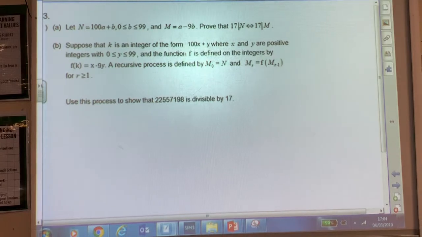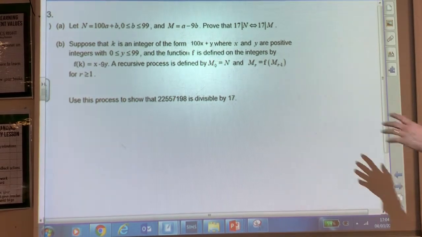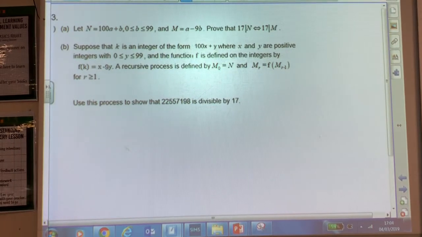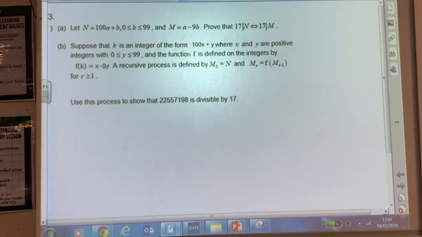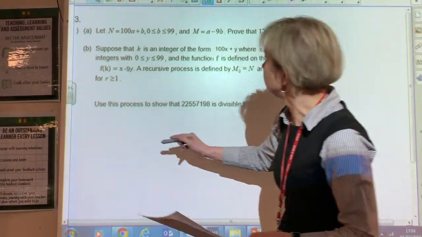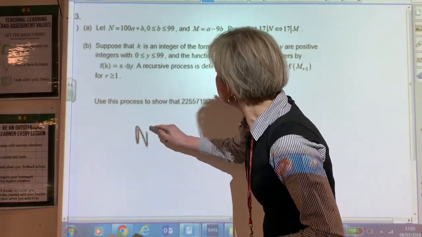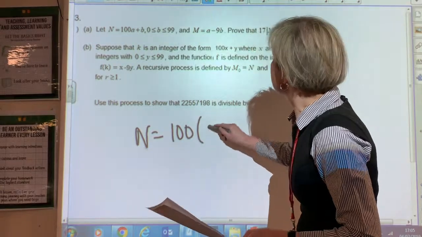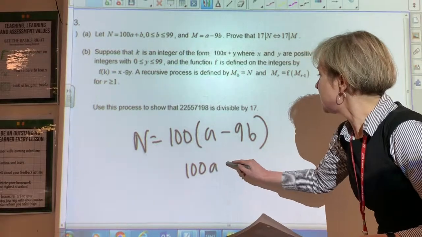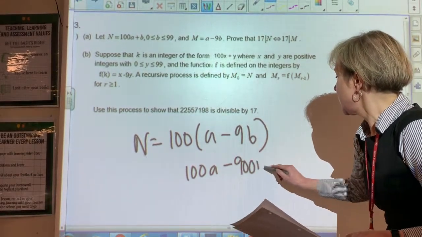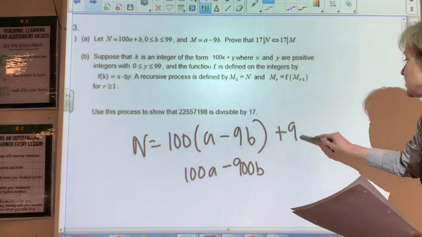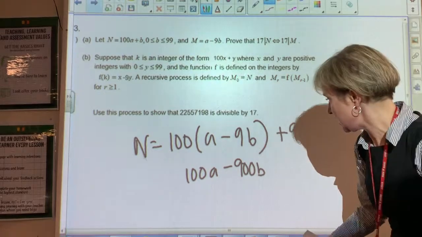Now, the only difference, and I'm not going to go through it again because we've done it so much, proving the if and only if 17 goes into m, is that you're going to have a slightly bigger number. To connect them for that proof, you know that n is 100a, so I'm going to get 100a minus 900b, and you don't want 900b, you want 1b, so you'd have to add 901b onto it.